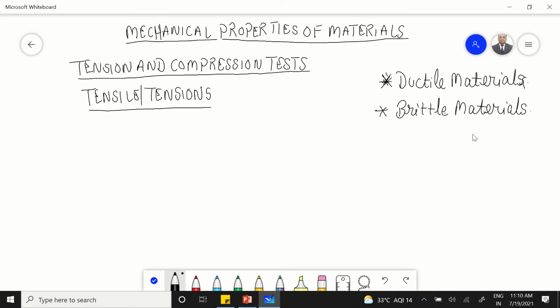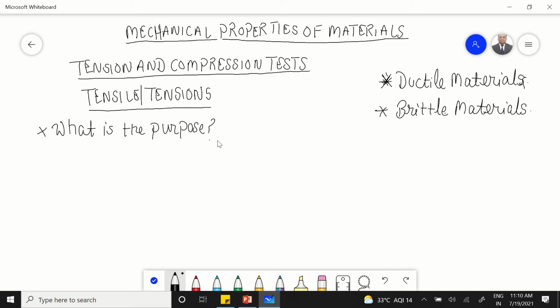So right now the most common thing that comes to our mind when we talk about the tension and compression test is this question: what is the purpose of using these types of tests? Why do we do these tests? What is the aim behind it, right?